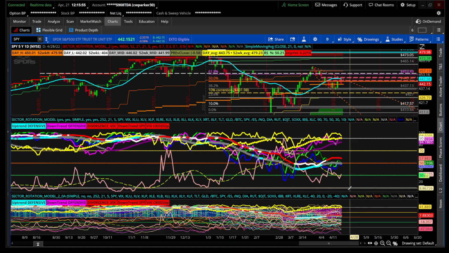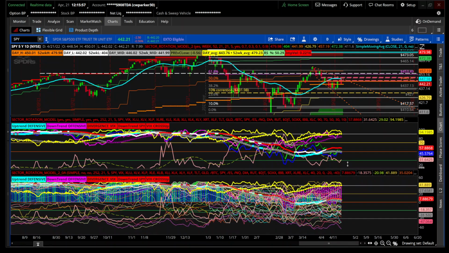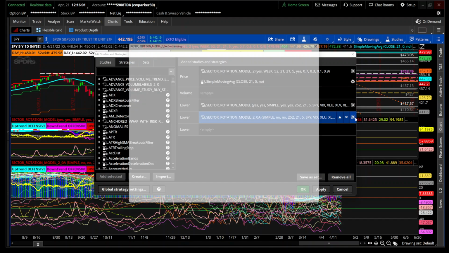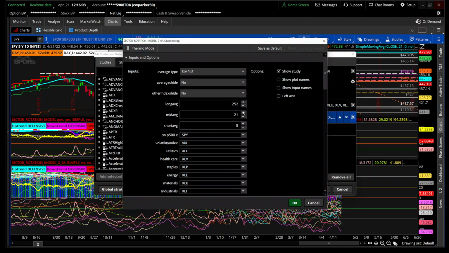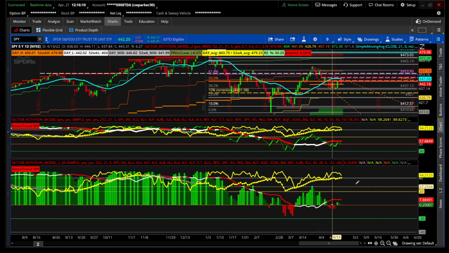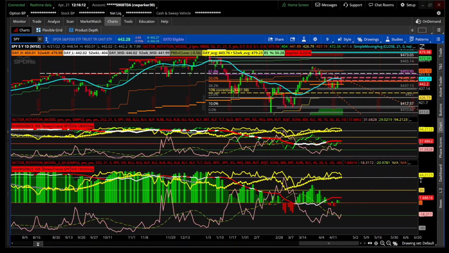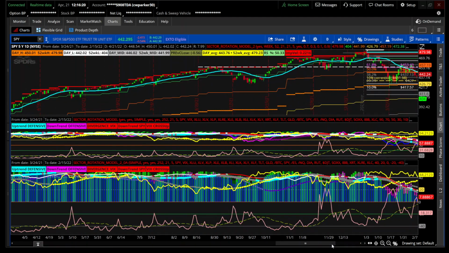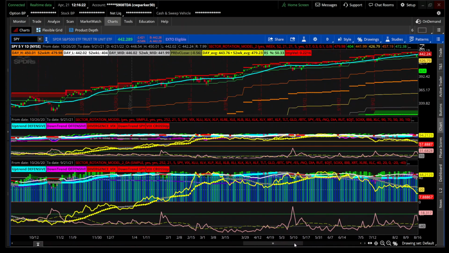And the other one is going to be the MACD version. And I'll peel back the layers on that one as well. And you can see the subtle differences between the two.